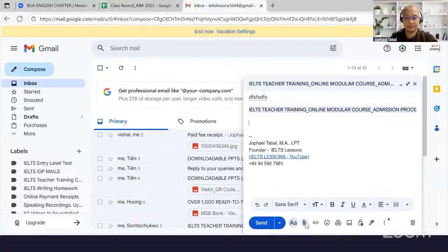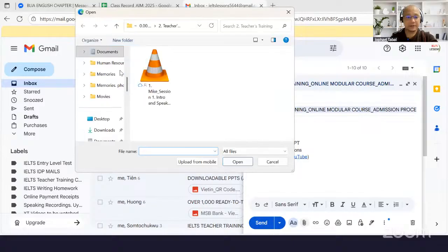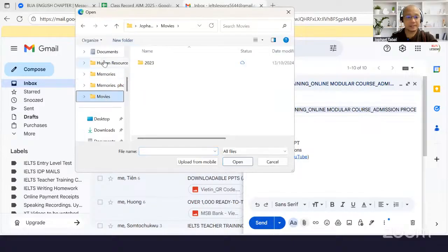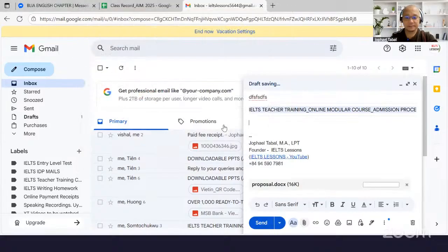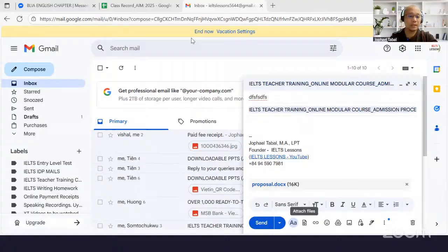So I attach files. For example, I do like this or like this. Okay, and I open like this. So if you see that, this is an attached file. So that's what we call attachment.